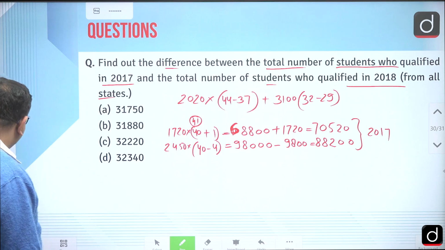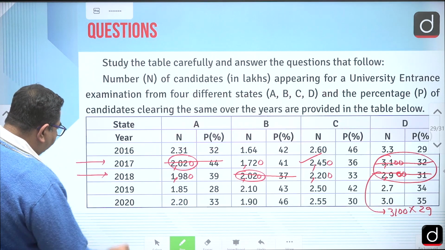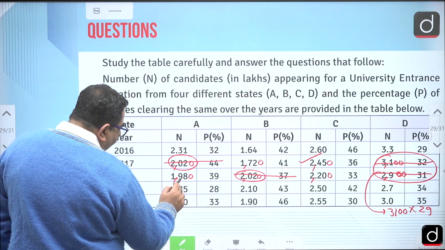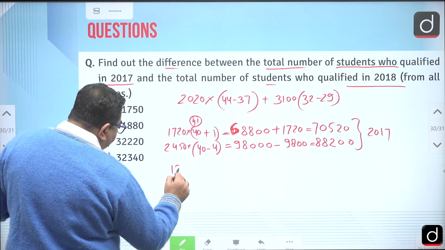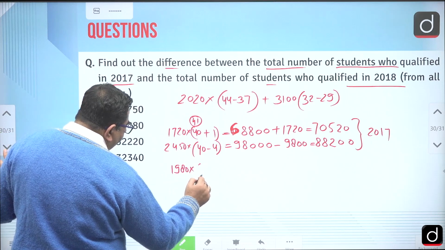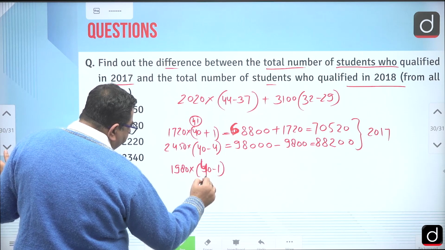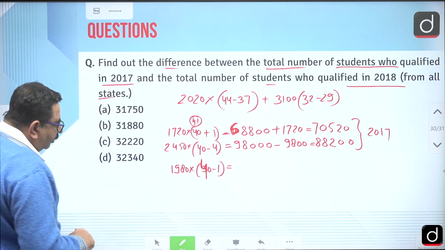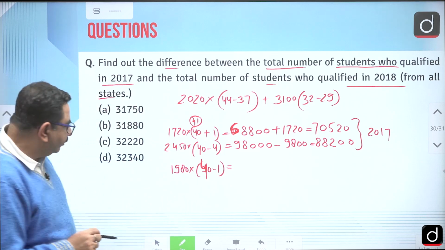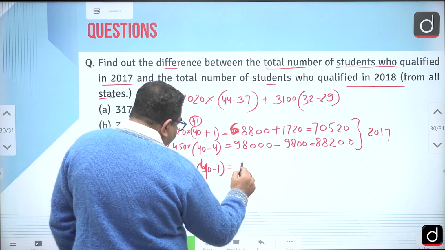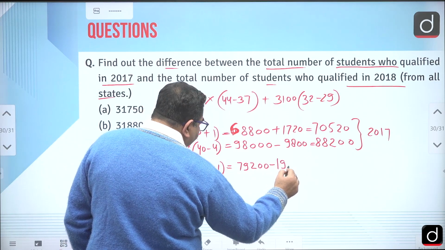In the same manner, can we work on rest of the data of 2018, 1980 into 39. Now 39 we can write again 40 minus 1. So 198 into 4, this we have just calculated, right, that is 79200 minus 1980.